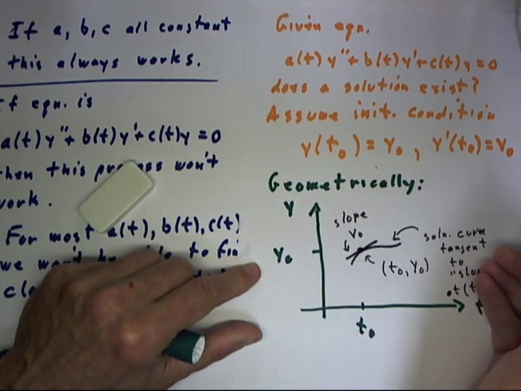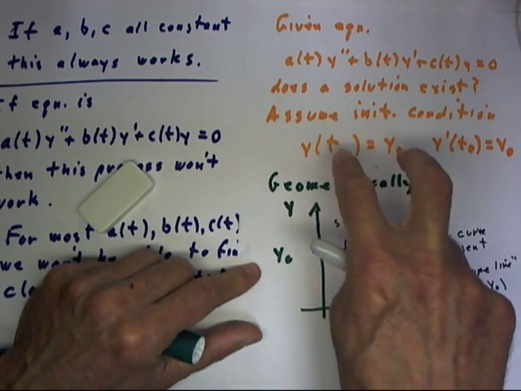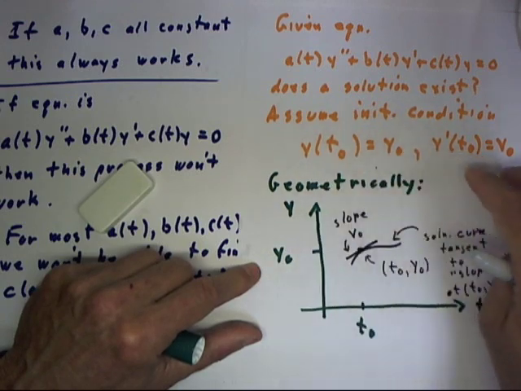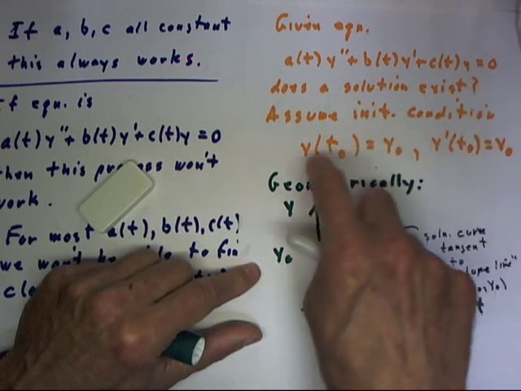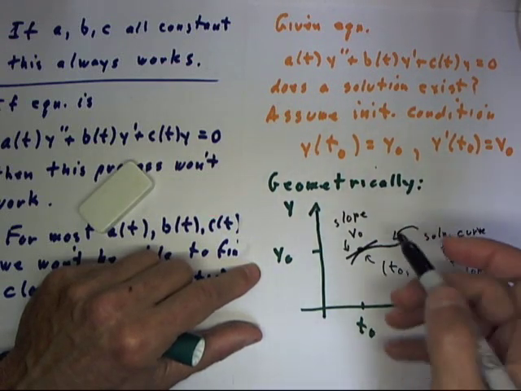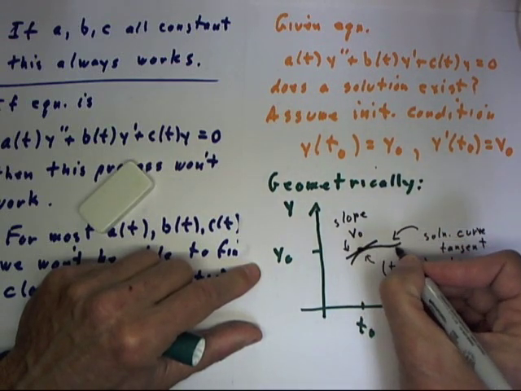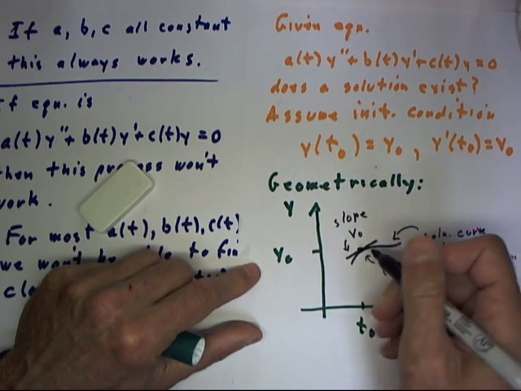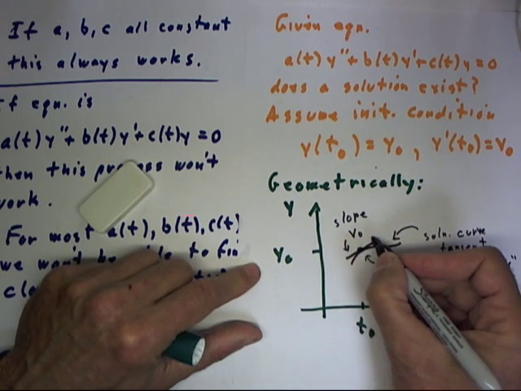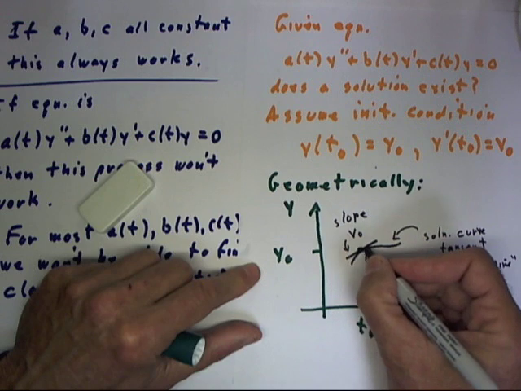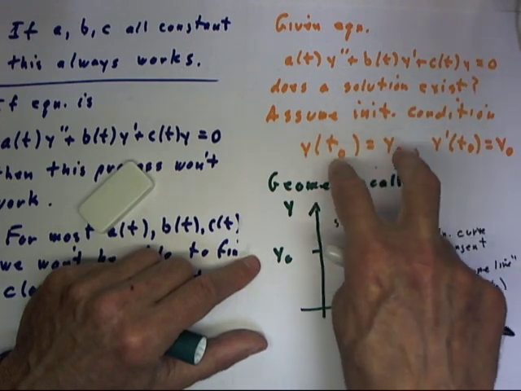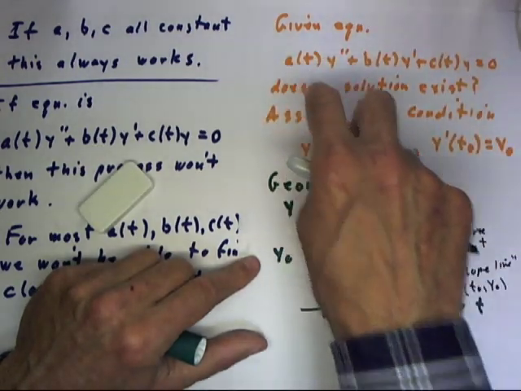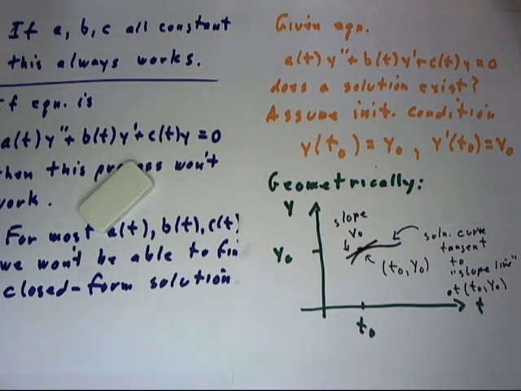Whether it's positive or negative depends on the coordinates t naught, y naught, the slope v naught, and the differential equation in a way that we'll see in a minute. So maybe the curve is concave down near this point. Maybe it's concave up near this point. Maybe there's a point of inflection where the concavity changes at this point. We don't know, but our initial conditions and our equations are going to tell us.